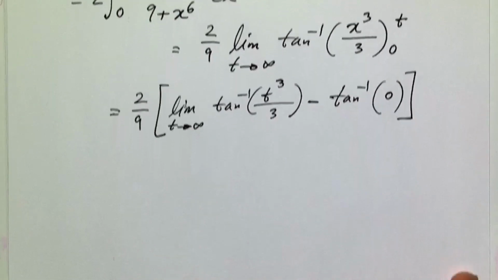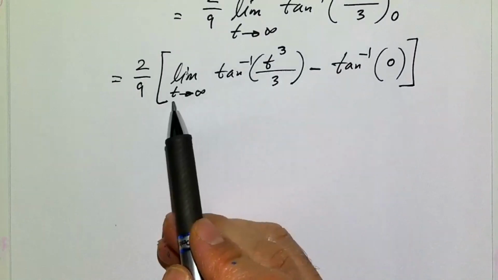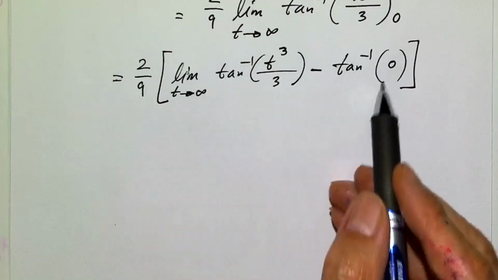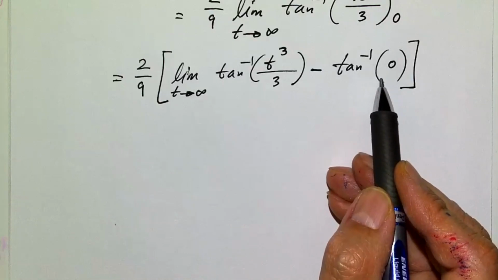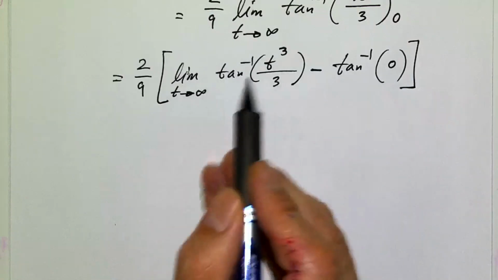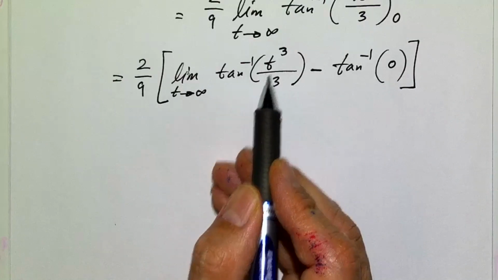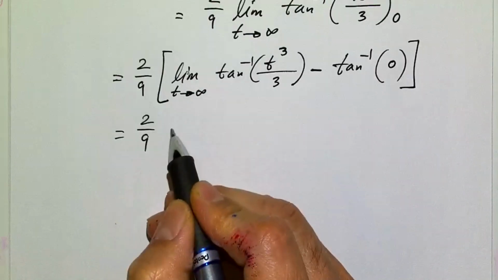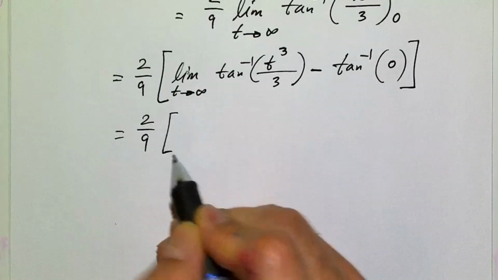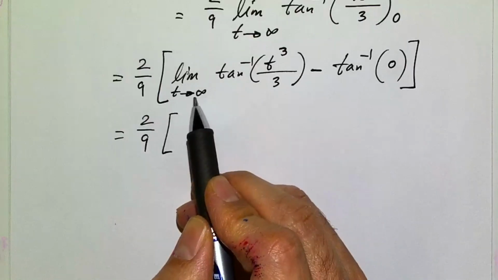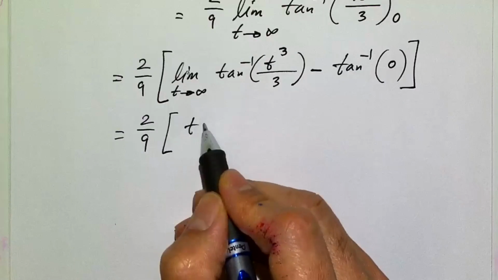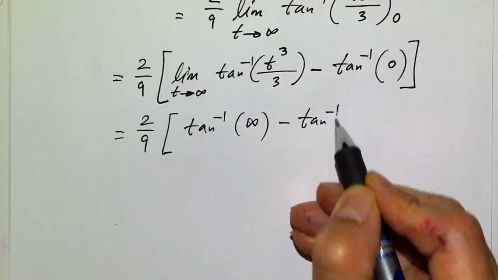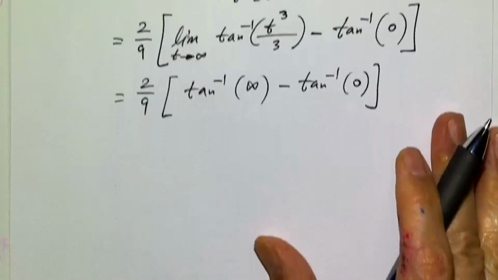So it's just this piece that we really need to take the limit of as t goes to infinity. Now if we substitute this with infinity, we get infinity, and 2 over 9 is outside here. So that becomes infinity minus inverse tangent of 0.